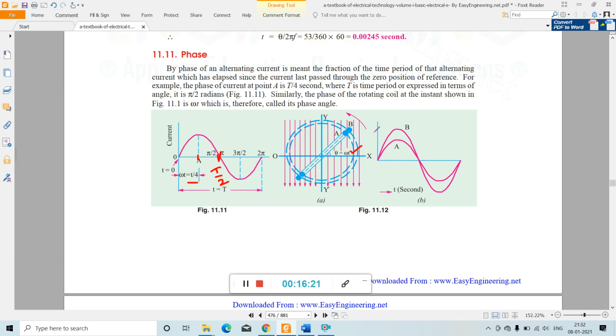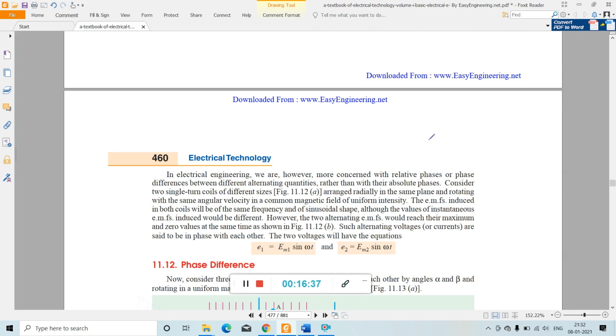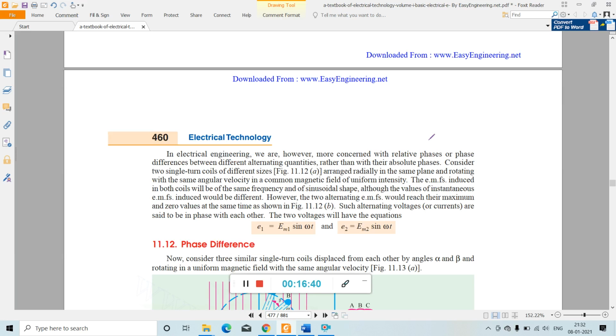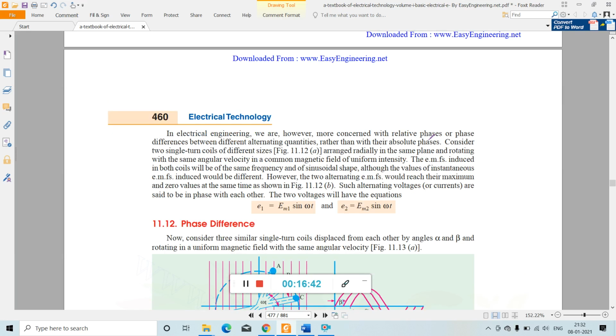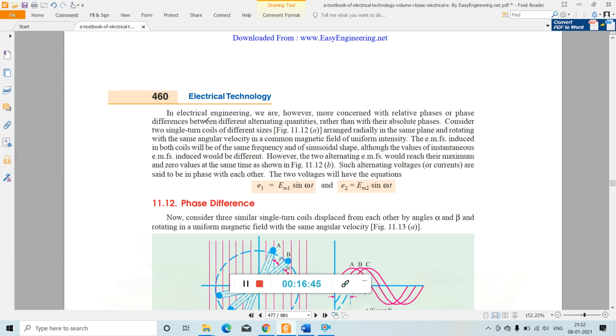You see in this graph there are two alternating waveforms, one is A, another one is B. From these two we can find out the phase difference. Let's see what this phase difference is. In electrical engineering, we are more concerned with relative phases or phase difference between two alternating quantities rather than their absolute phases.